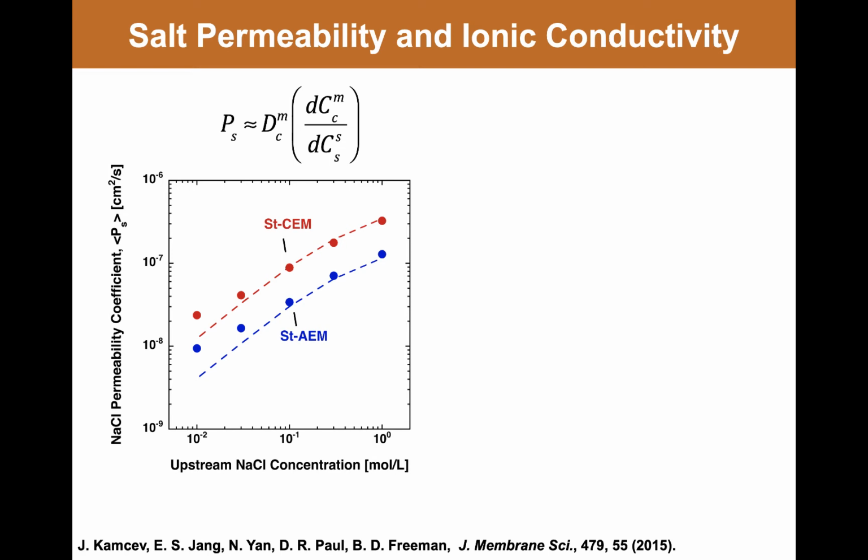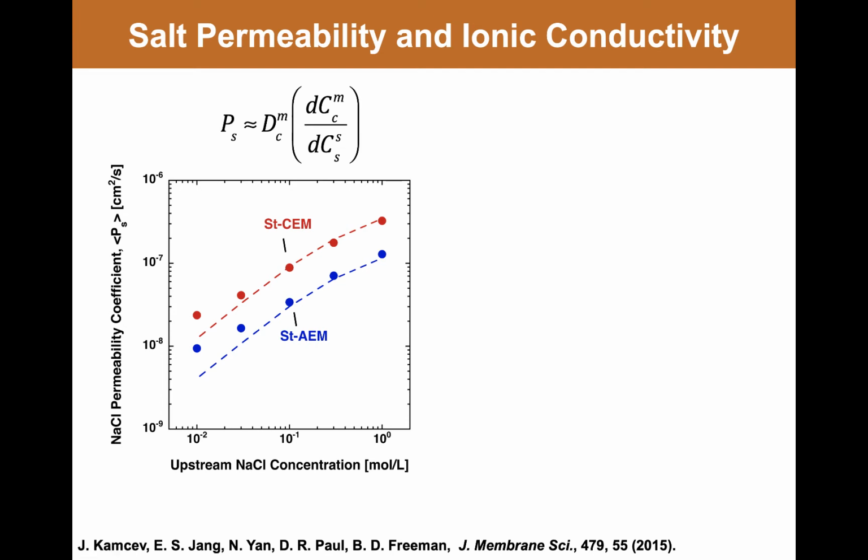You'll recall that we showed a bit ago that the salt permeability coefficient is governed by the transport of the rare species. And in these charged membranes, it's the coion that's the rare species. It's the coion that Donnan exclusion is trying to exclude from the membrane.